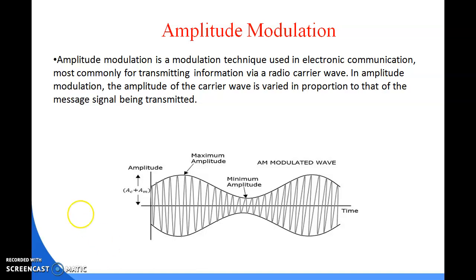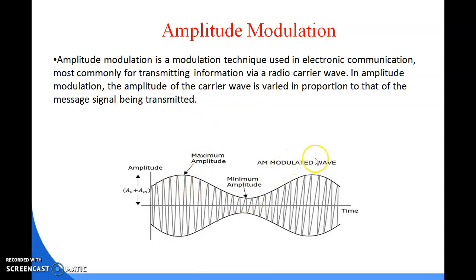Clear now? Again repeating, in amplitude modulation, the amplitude of the carrier wave is varied in proportion to the message signal being transmitted. So here amplitude is varied. In this graph, that is the maximum amplitude, right? And this is the minimum amplitude, right?